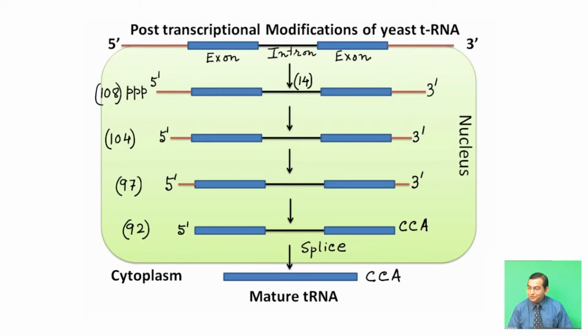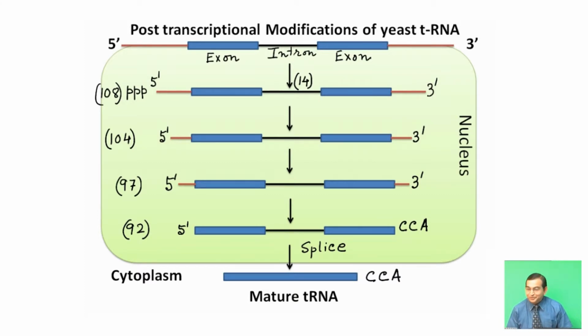The transcript which is produced is about 108 base pair long. Now 5' trimming first occurs in 3 steps at 104 base pair, 97 base pair and 92 base pairs. There is a 14 nucleotides intervening sequence.